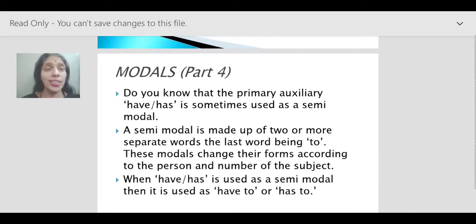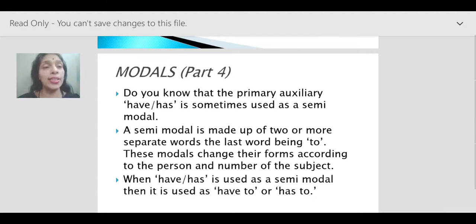Do you know that the primary auxiliary have, has is sometimes used as a semi-modal? A semi-modal is made up of two or more separate words, the last word being to.